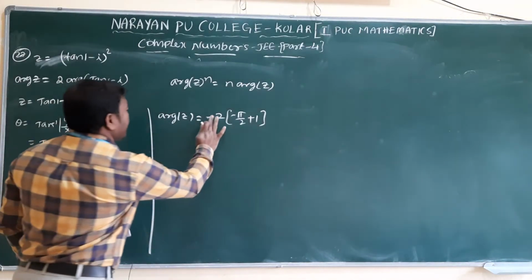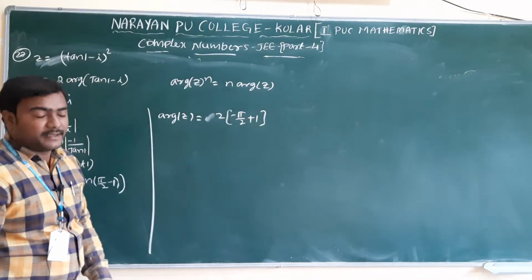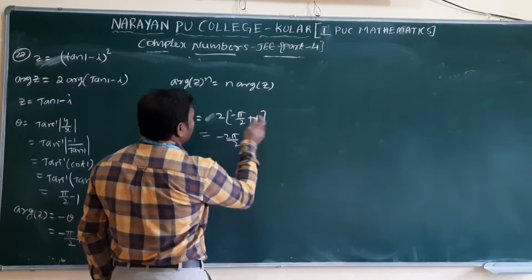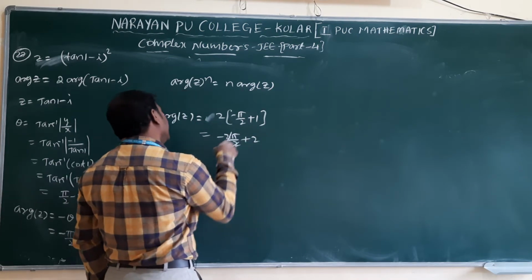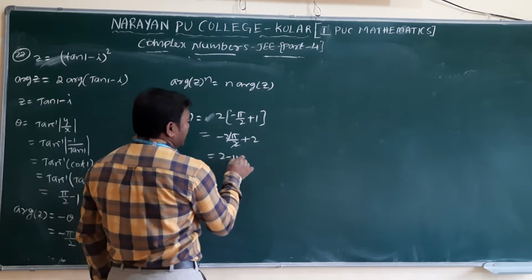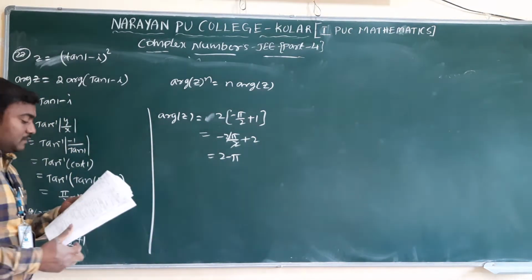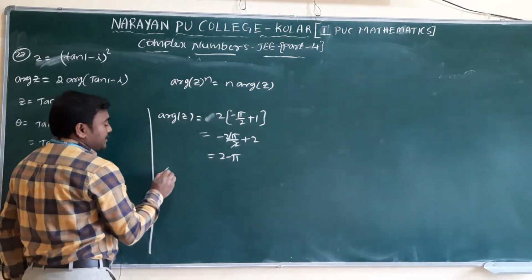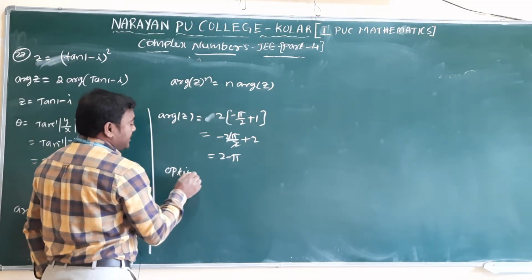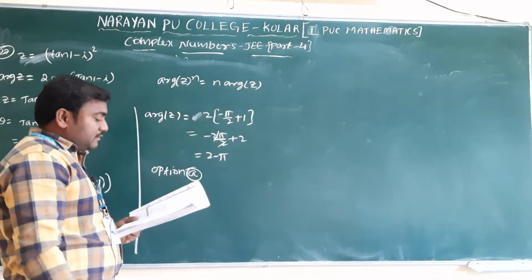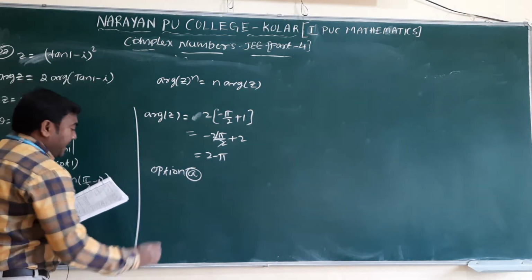Okay, directly 2 into, no need of minus here. So multiply 2 by minus pi by 2 plus 1, the 2 gets cancelled, remaining 2 minus pi. So here option A is the correct option. We are getting option A as the correct option. So this is question number 28.